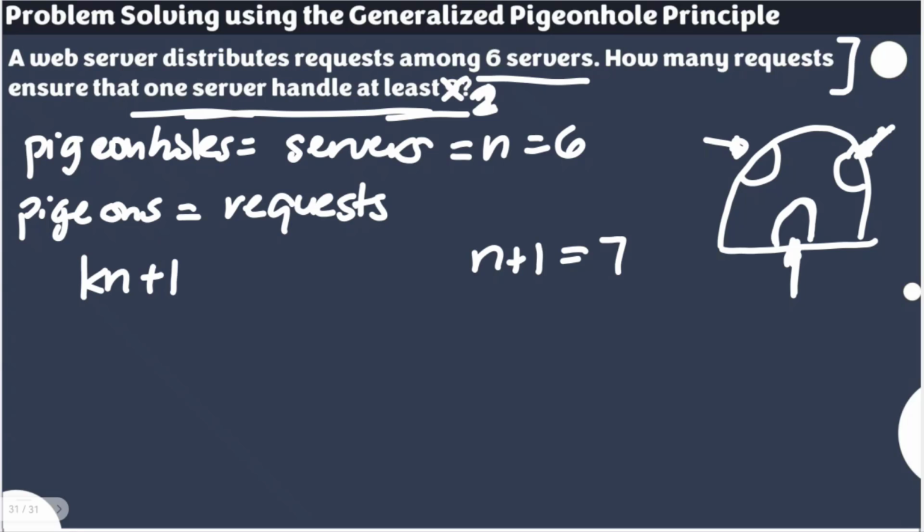The 7th one, the additional request, will make sure that one of those servers will have at least 2 requests. But that is for the non-generalized version. Now we are generalizing it and even have the target of at least 9.